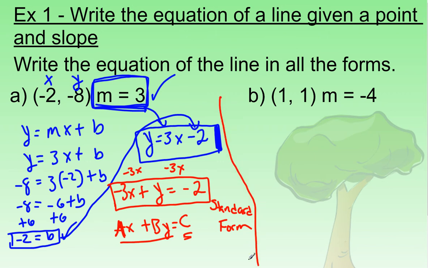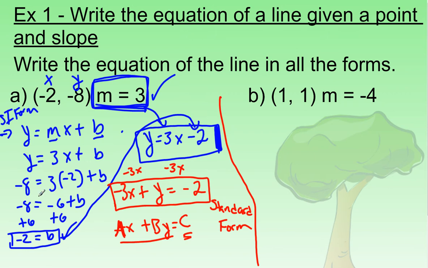So what we did, I should say, is summarize the problem. Refresher through our minds. They gave us a slope and a point. We took the slope and the point and we plugged it in to our slope-intercept form. That's this. This is slope-intercept form. We know it's slope-intercept form because it takes a slope and the y-intercept. So once we plugged in the slope for the slope, the x and y for the x and y, we were left with one variable, this b.